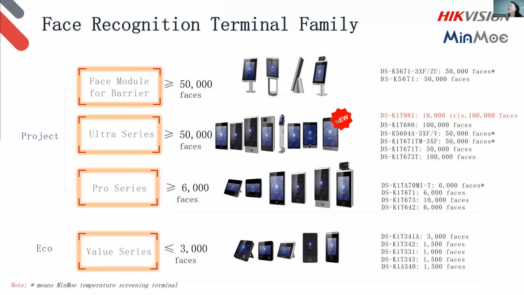For our face recognition terminal family, we have our project use and our eco series. The project use is normally high level, so you can choose the devices according to your project scale, like how many faces in this project. Then you can choose a proper product.